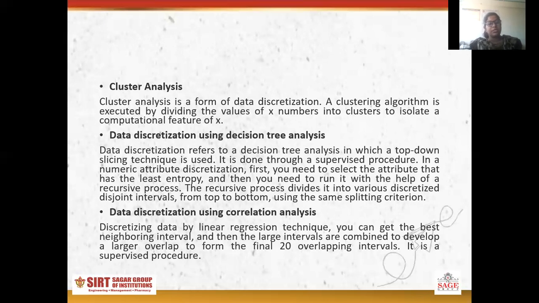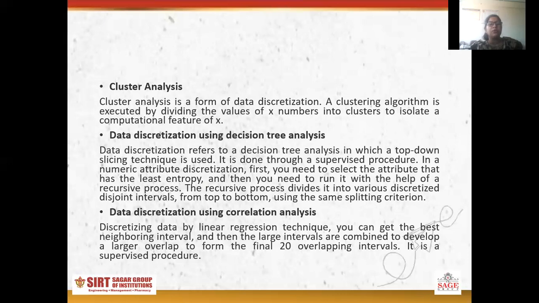Data discretization using decision tree analysis. Decision tree analysis is one in which a top-down slicing technique is used. It is done through a supervised procedure in a numeric attribute discretization.